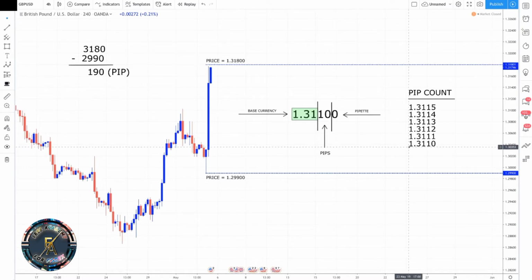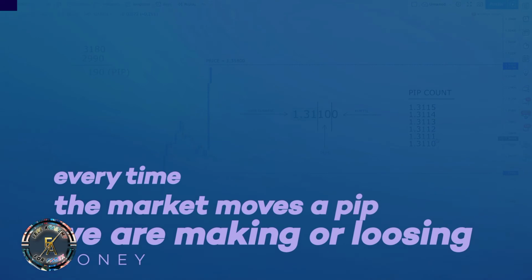Before we get into that, let's take a look at the pip count happening in between. As we see here, let's take a look at this current price of 1.3110. When the exchange rate changes from 1.3110 to 1.3111, this is the pip count going up by 1. Every time the market moves a pip, we are making or losing money.